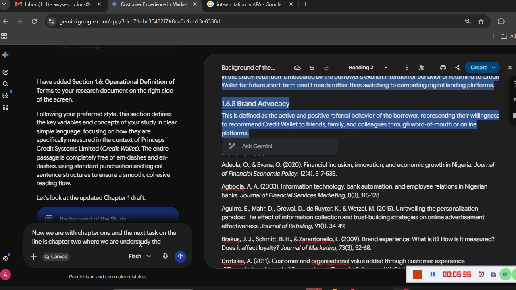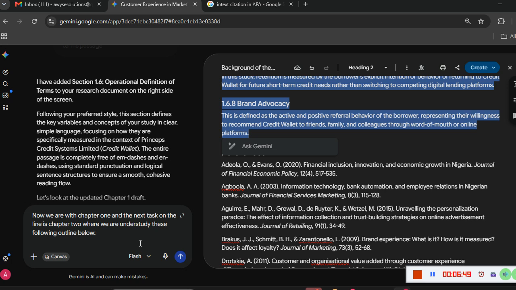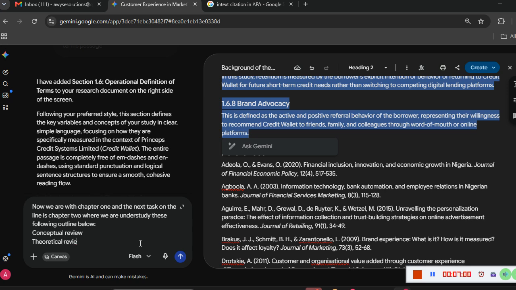the following outline below. So we have the conceptual review, the theoretical review, the empirical review.